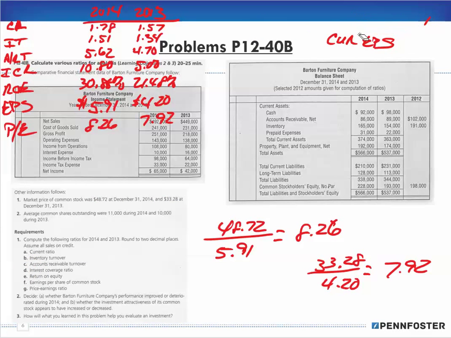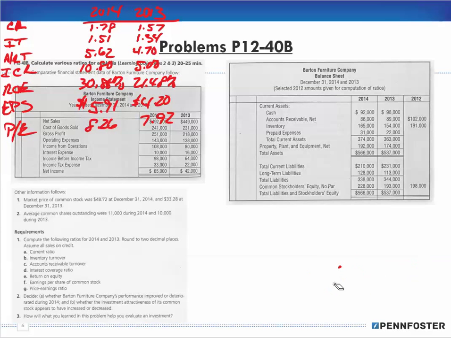Okay, so now that we've calculated all of these ratios, remember, this is basically what financial statement analysis is. You have the raw data from your financial statements. Then you ask yourself the 5 key questions, or certain questions, and you do the ratio analysis.